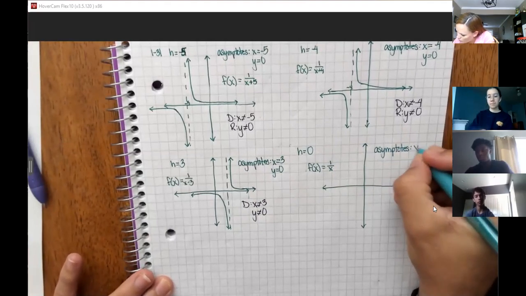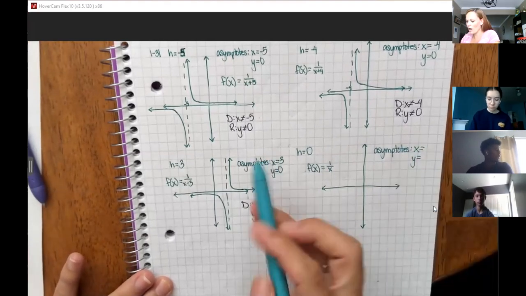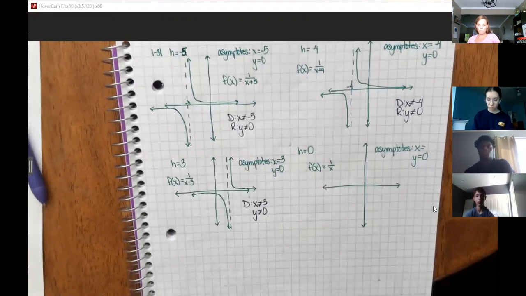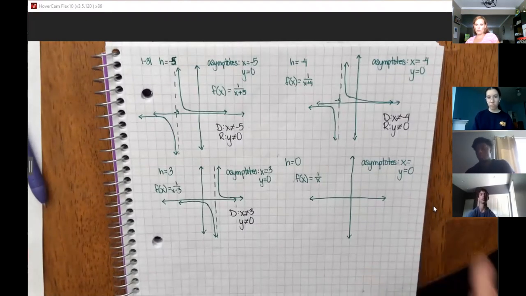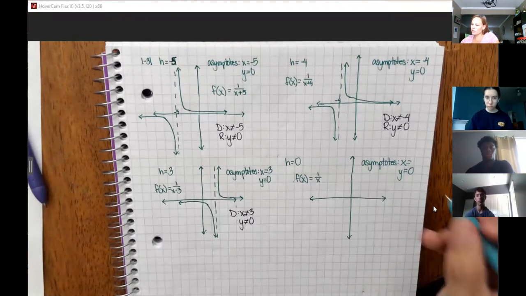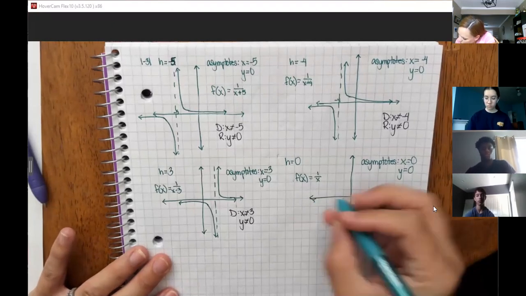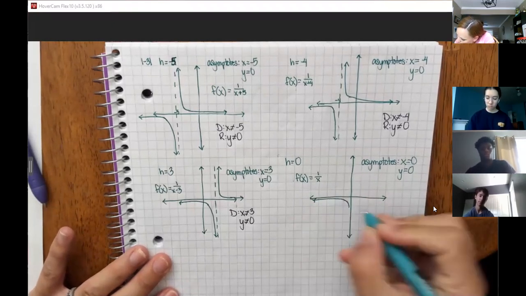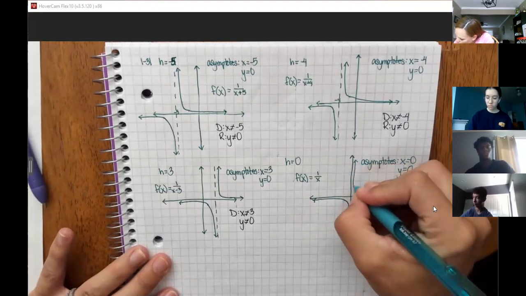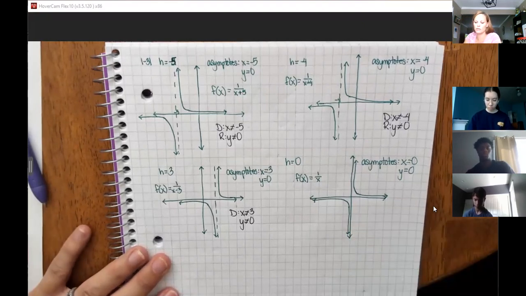All of these have 2 asymptotes. All of these have had an asymptote at y equals 0, so this is going to be the same. But our other asymptote is also going to be at x equals 0. So this one would just have asymptotes at both of the axes.